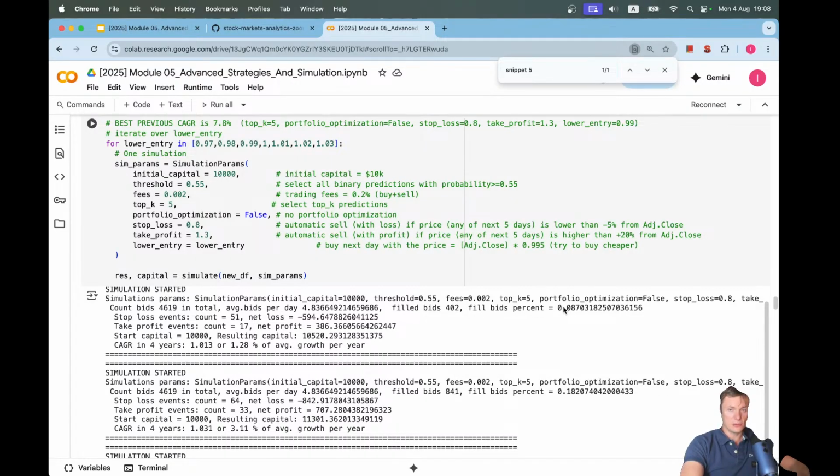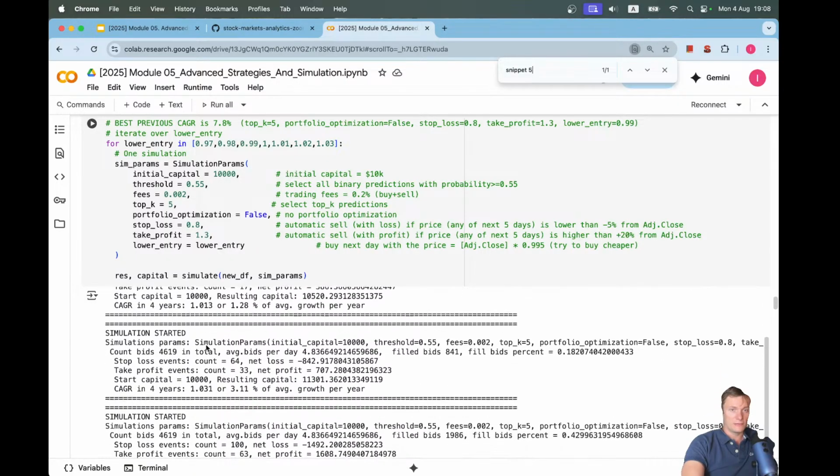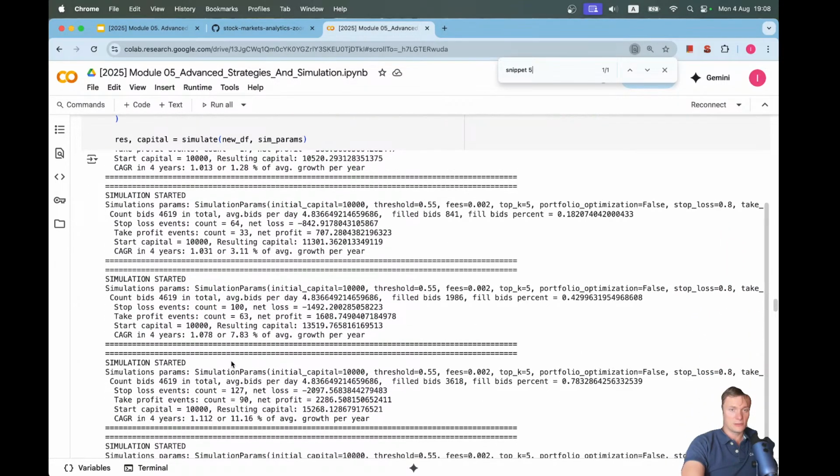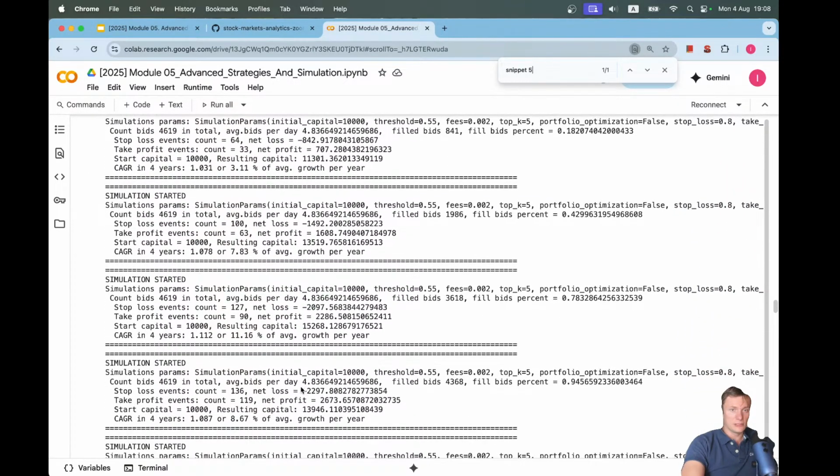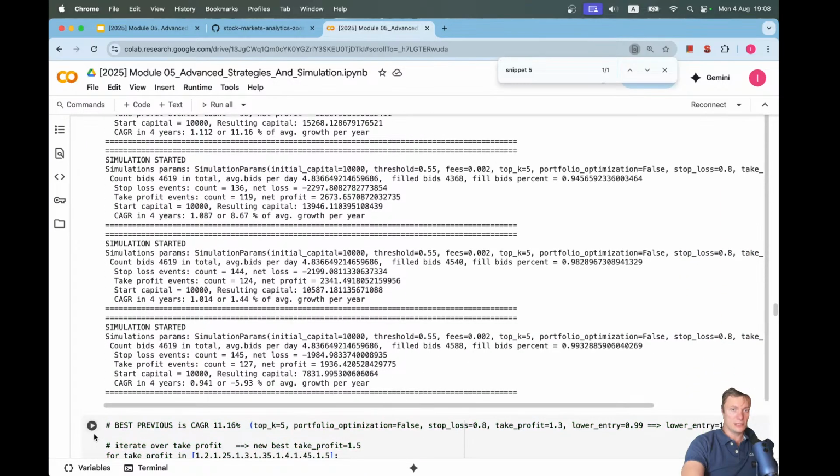I try to control the fill bits percent, what I have when a loss happens, what I have when take profit events happen, what's the starting capital, the resulting capital, the average growth. And every time I select the maximum, so in this case it was 11.16%, and I started from this setting for the next stage.